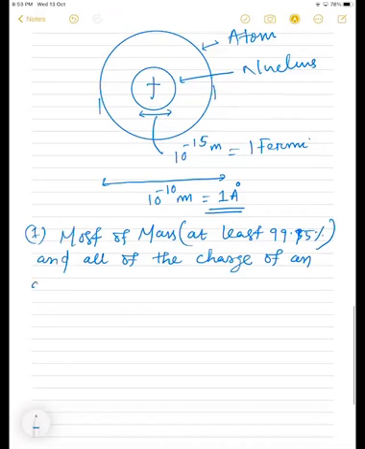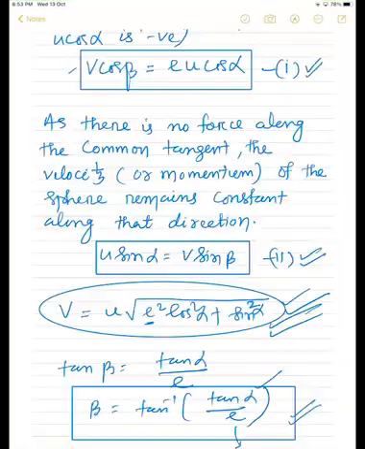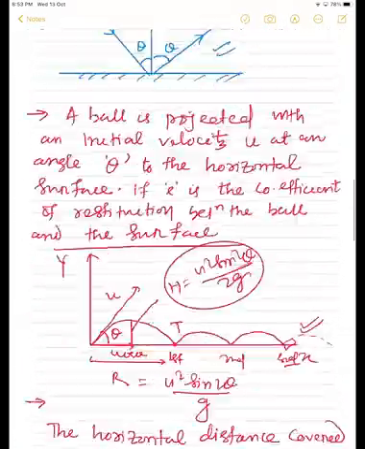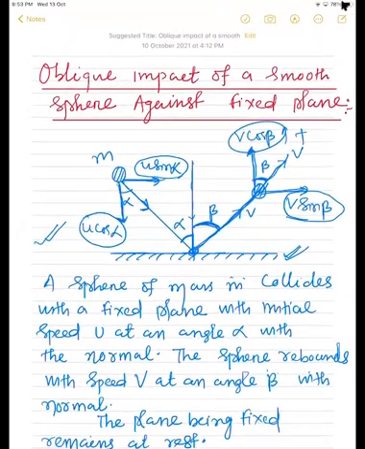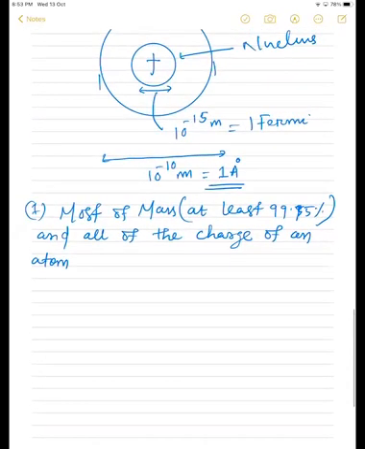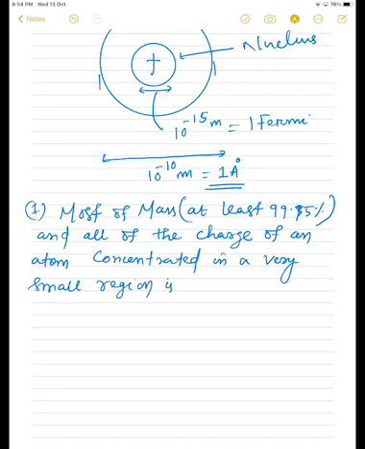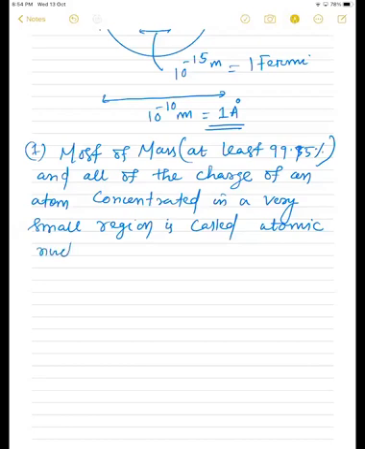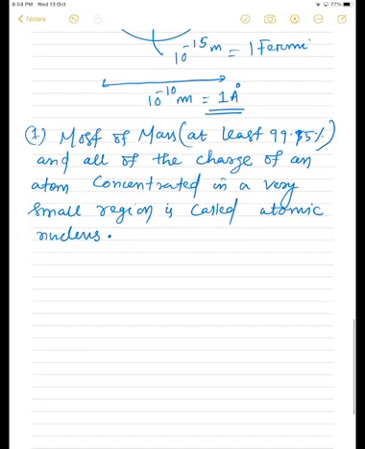Most of the mass, at least 99.95%, and all of the charge of an atom is concentrated in a very small region, and this region is called atomic nucleus, right?